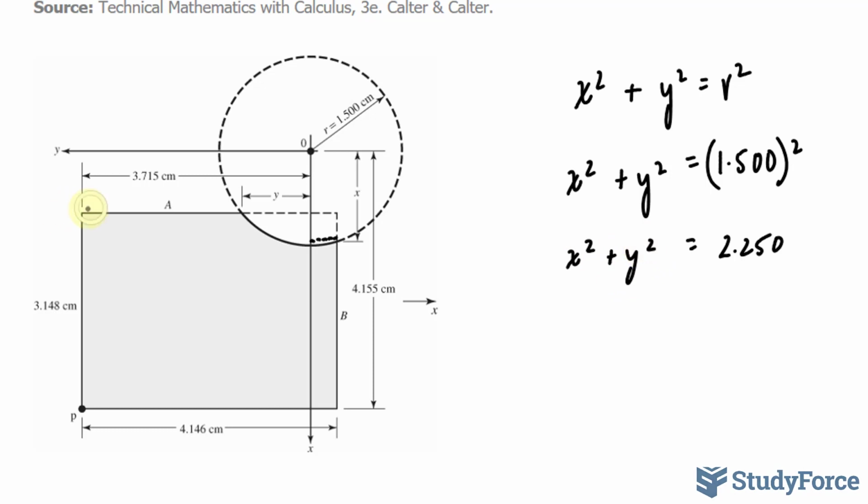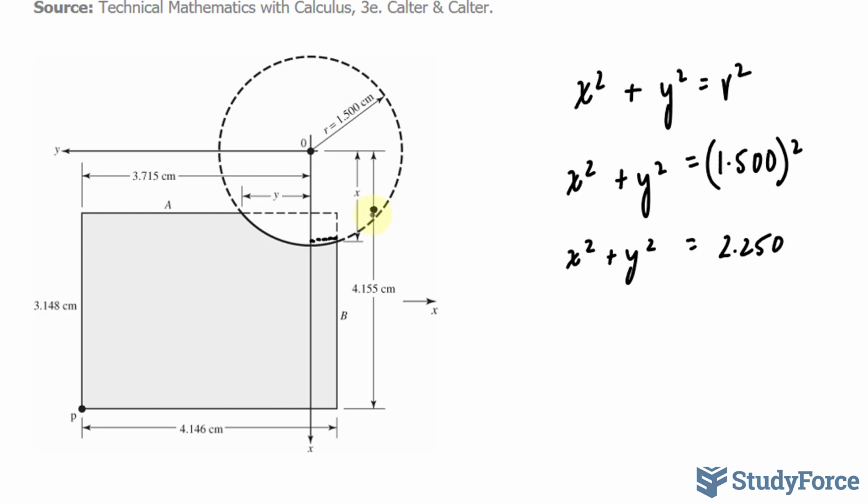Now we need to find A and B. To find out what our A is, what we can do is subtract 4.155, which is the length from the center of the circle all the way to the edge of the box, from 3.148. And what that will give us is a point right here.